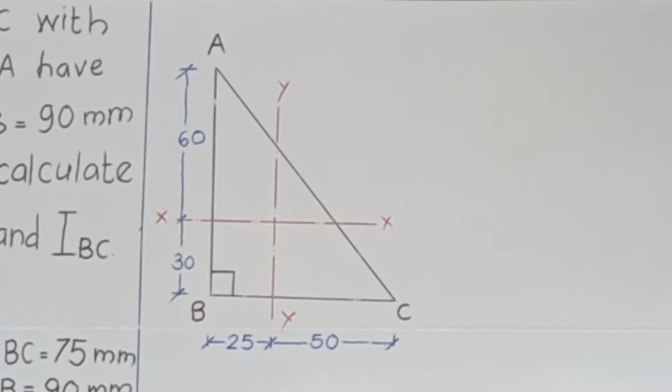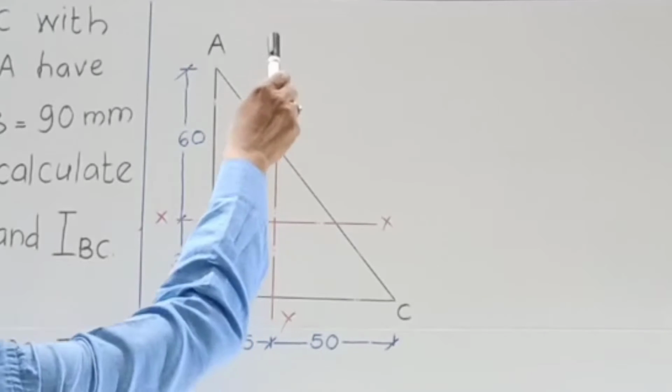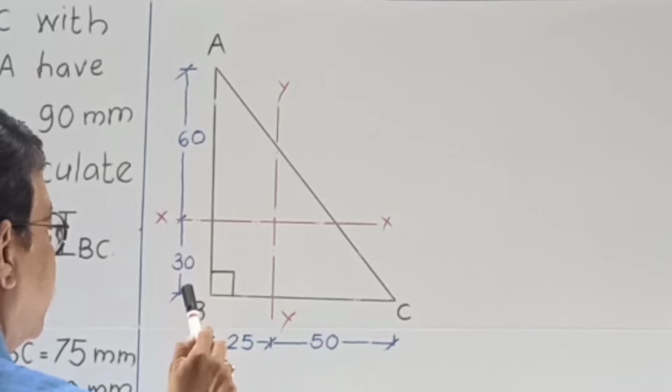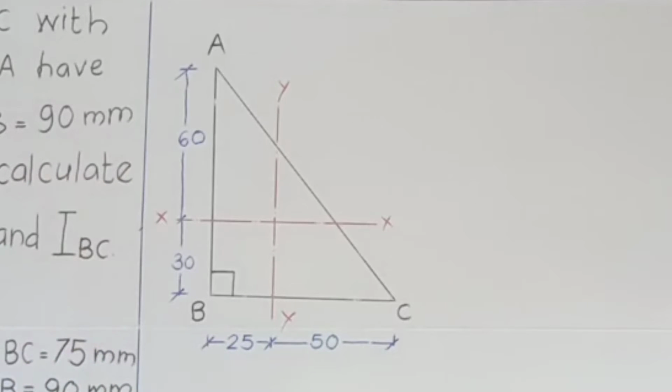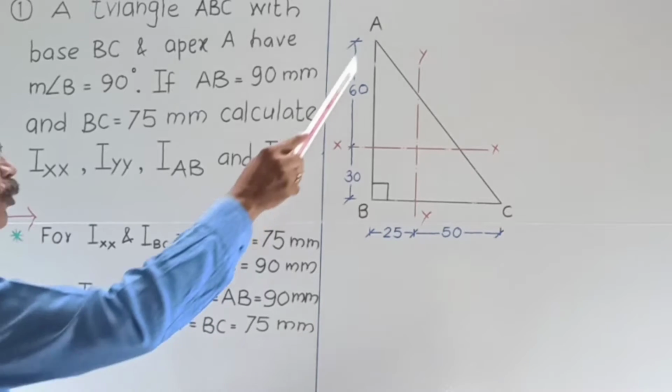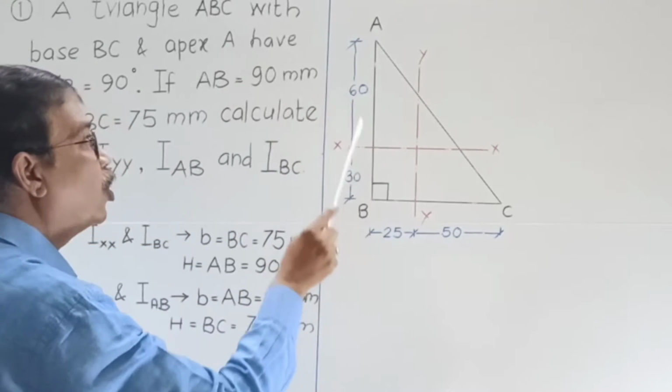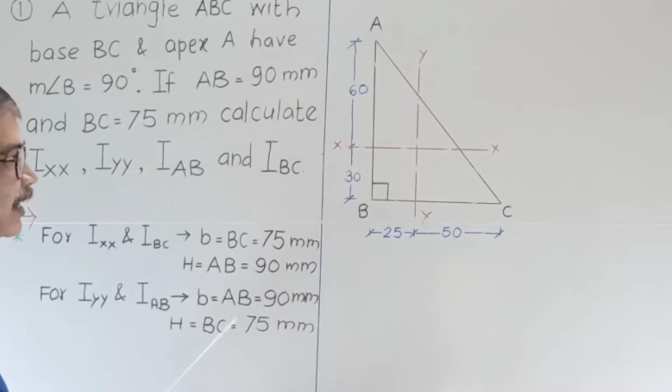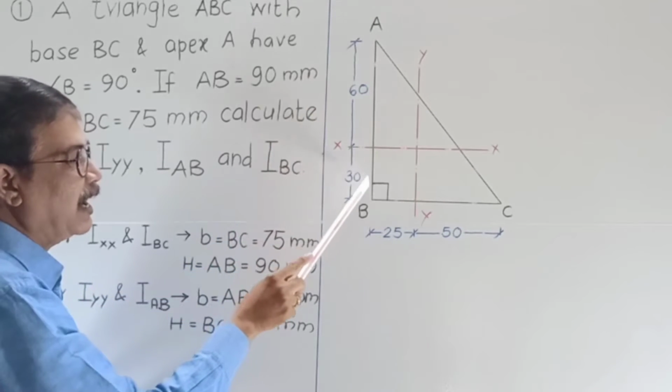Now we have to calculate the moment of inertia about x-x axis, y-y axis, about side AB and about side BC. Now for IXX axis and for IBC, this will be the triangle for which this will be base, that is 75 mm, and this will be height, that is 90 mm. On the other hand, when we want to calculate IYY or IAB, in that case this will act as a base.